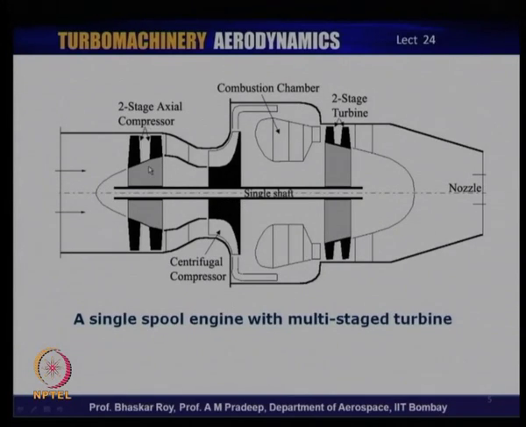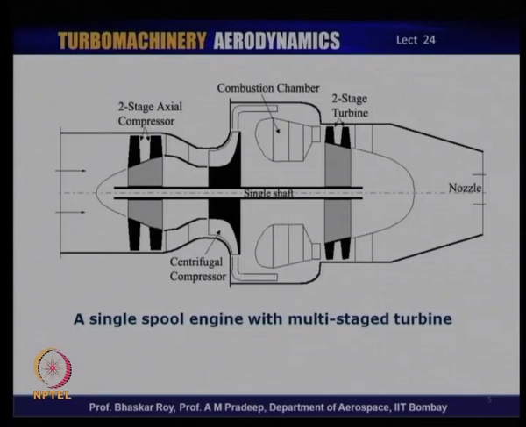One set is an axial compressor, another is a centrifugal compressor, and this is a configuration which is very popular typically with turboshaft engines, which are used in helicopters, and they run of course at very high rotational speeds, or RPMs, of the order of 25, 30, 40,000 RPM.